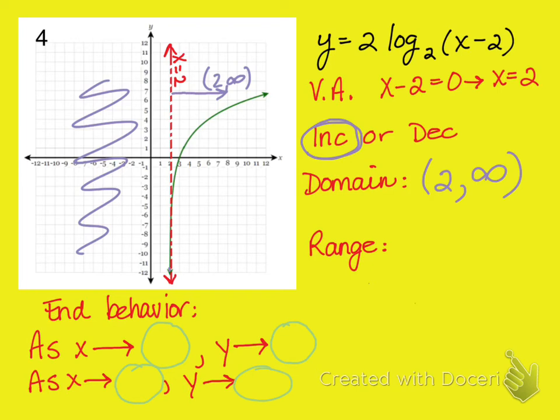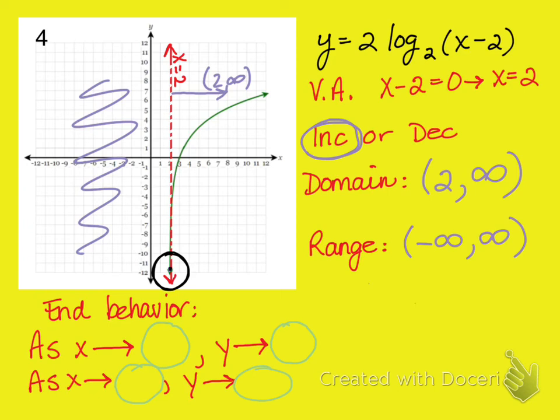How about our range? Well, there's no restriction in asymptotes for y. The graph goes all the way down and it goes all the way up. So we're using up all the y values. How about the end behavior? Notice again, we have a whole bunch of dots we can draw.